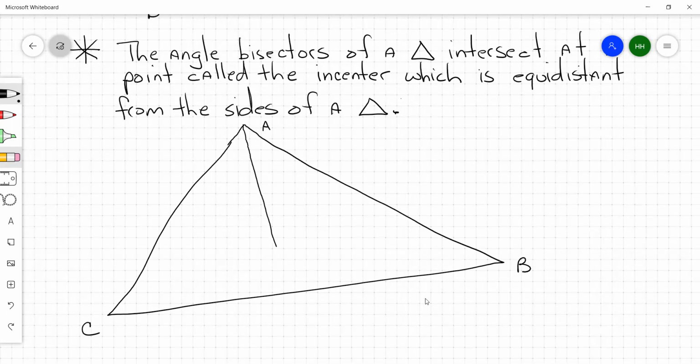And if we take an angle bisector and we draw it out of angle C, it would kind of be there. And then an angle bisector out of angle B, it would kind of be there. And these two angles would be congruent. These two angles would be congruent. And these two angles would be congruent.